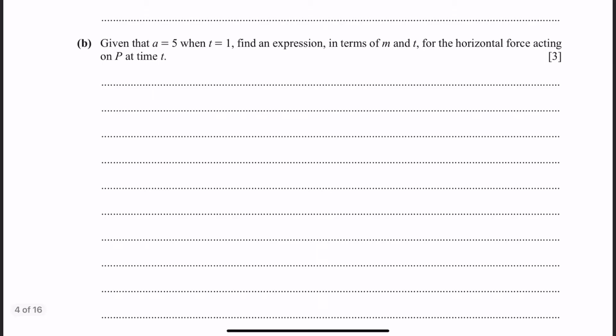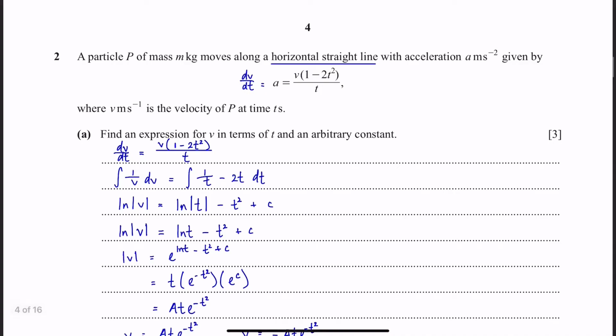For part B, given that A equals 5 when t equals 1, find an expression in terms of m and t for the horizontal force acting on P at time t. So we can first find the velocity value. So when A equals 5, t equals 1, we need to sub it back into this equation here, right?